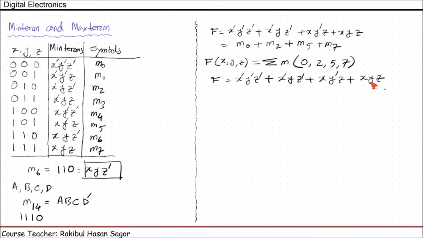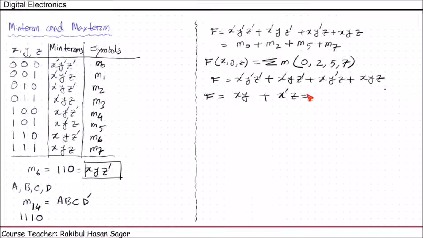Now if you are given a function not in standard sum of product form, rather in this fashion, suppose we have 3 variables and the function x y plus x prime z. The total number of variables is 3, x, y and z, but we do not have all the variables present in each term. So before we convert this function to this format, we need to convert it to the standard SOP form.